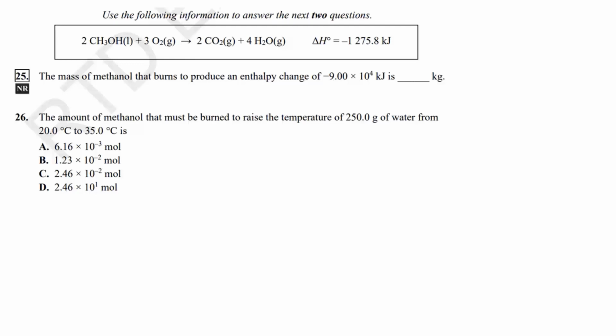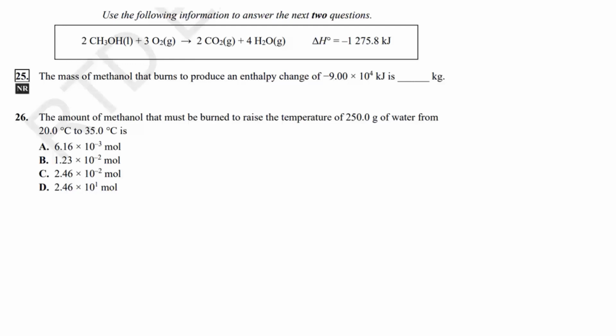These next two questions, question 25 and 26, which you find in the back of the booklet, serve as a nice little summary. We have both a numerical response and a multiple choice question. We're going to use this information up at the top in order to determine our answers. If you want, go ahead and pause this recording, try this question out on your own, and then resume the recording when you want to see how the solutions are arrived at.